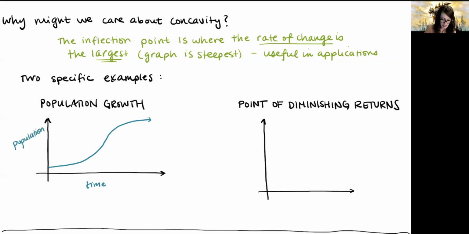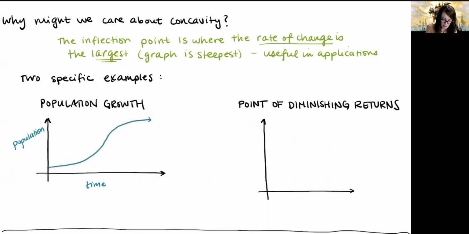So this function is modeling population over time. It starts off kind of slow. There are a lot of members in the population that are reproducing quickly, so it starts off growing pretty quick. And then there's some kind of carrying capacity that the environment can sustain, so it starts to level off.